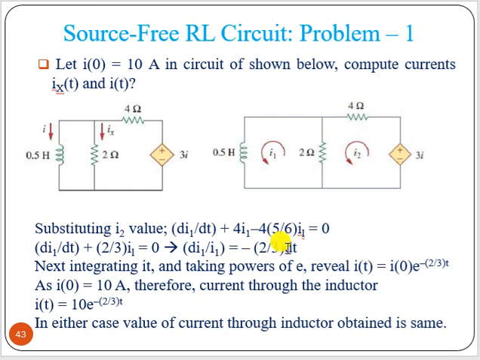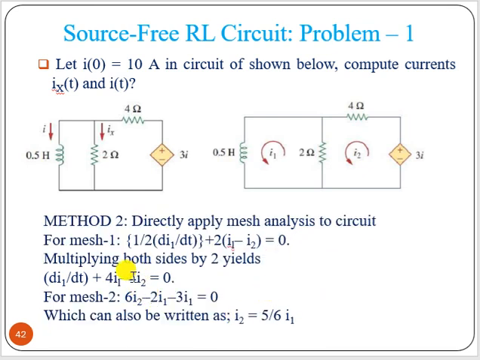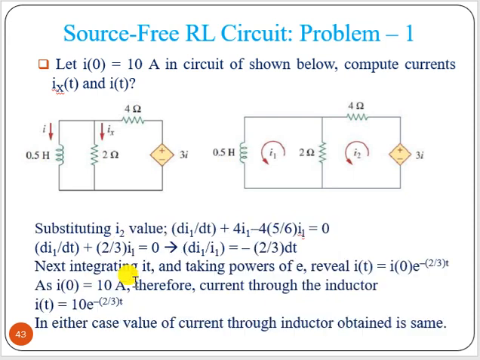Let us put this I2 in the mesh 1 equation. If you solve this, we will get di1 by I1 equal to minus 2 by 3 dt. That means your tau becomes 3 by 2.